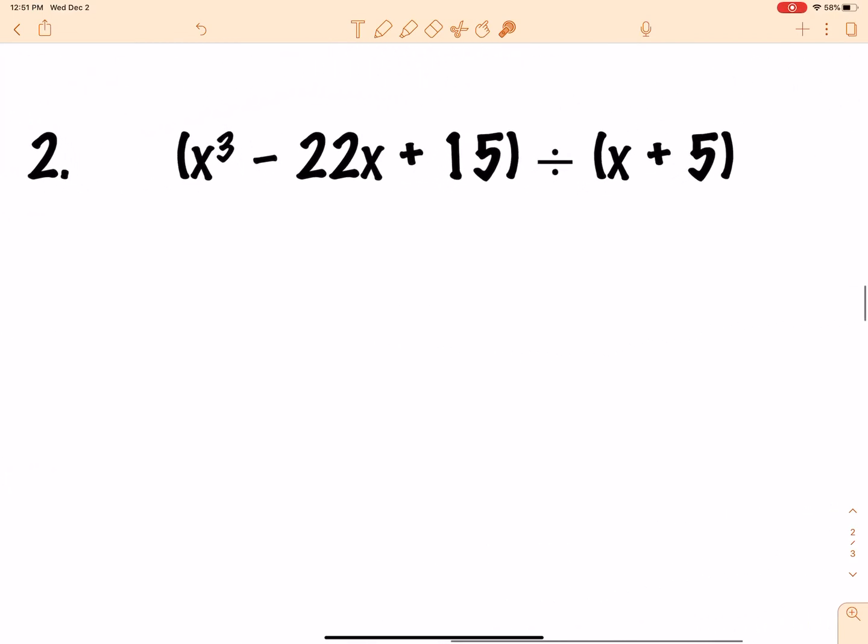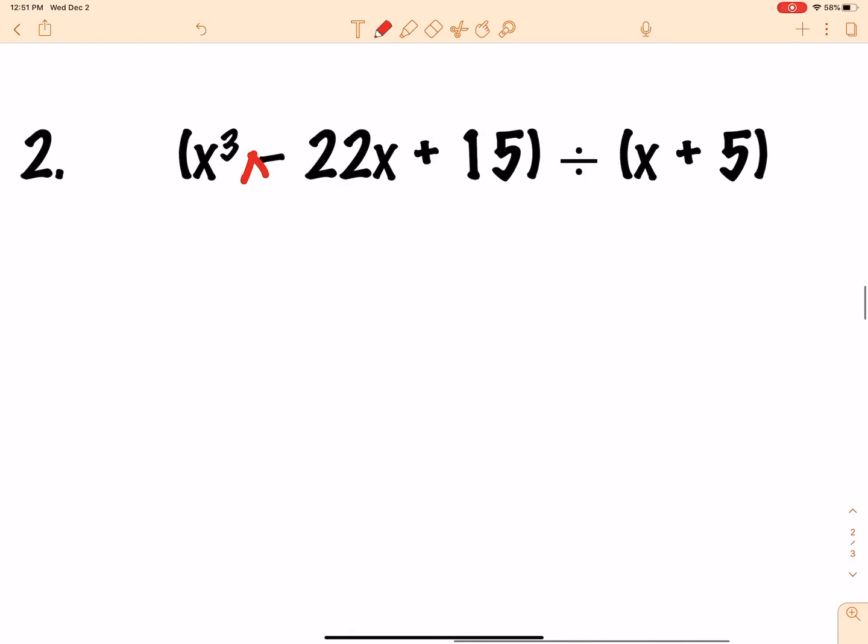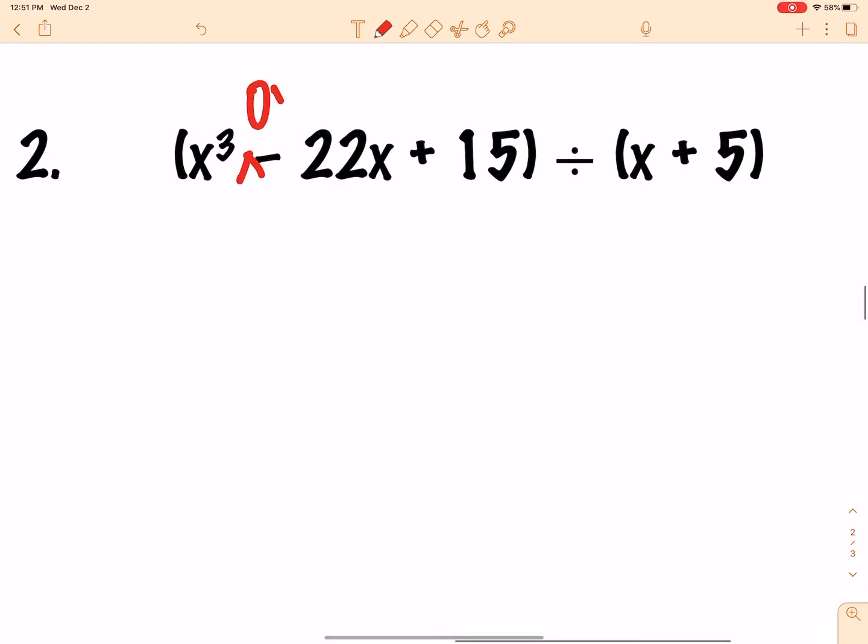So number 2, always check to see if you have any missing terms. We can tell in our dividend. Dividend and divisor, as we know, get confusing. So in the dividend, we are missing the 0x squared term. Now we have everything in order. We have an x cubed, an x squared, an x, and a constant. Good.